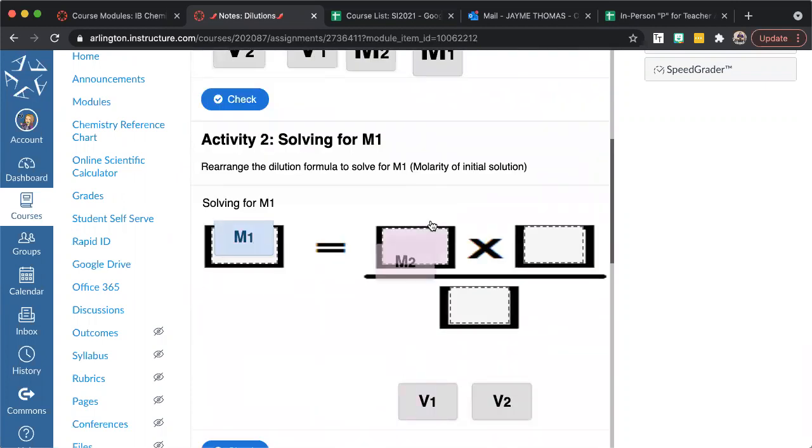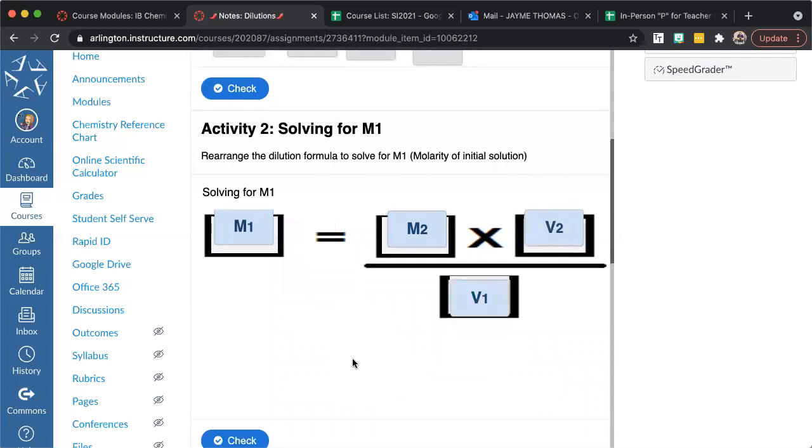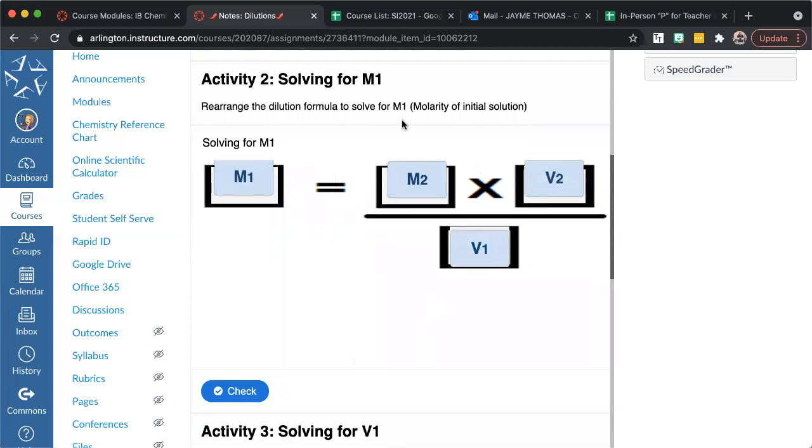The other side is going to be M2 times V2, but we had V1 over here, and we just said we needed to divide by V1, so it's going to cancel out from that side. Then we have to divide this side by V1 as well. So if I rearrange it to solve for M1, I would do M2 times V2 and then divide by V1. That answer is going to give me that initial molarity or initial concentration. So I can check and it's correct.